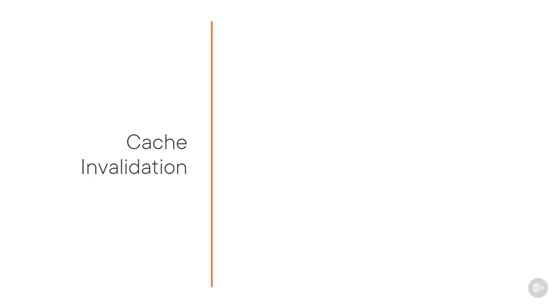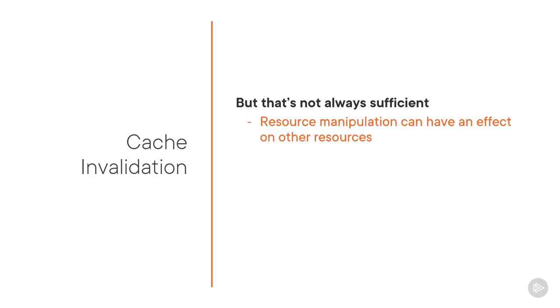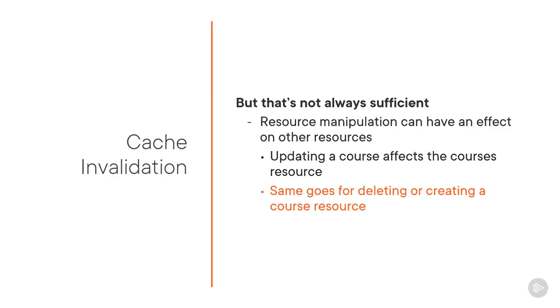Take the courses resource, for example, a list of courses. If a put statement is sent to one course resource, that one course will get a new eTag. But the courses resource doesn't automatically change. If the course you just updated is one of the courses in the returned courses when fetching the courses resource, then the courses resource is out of date.